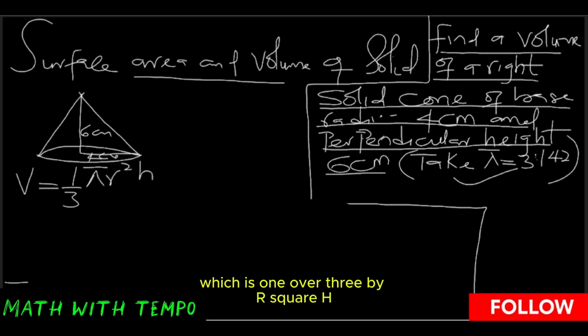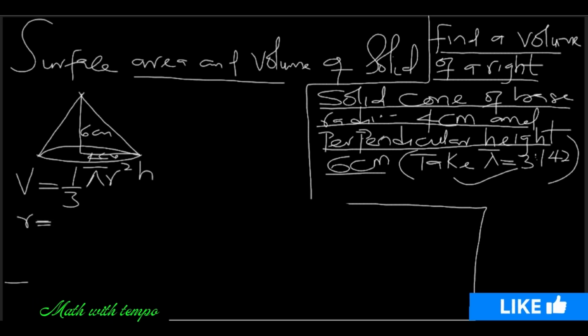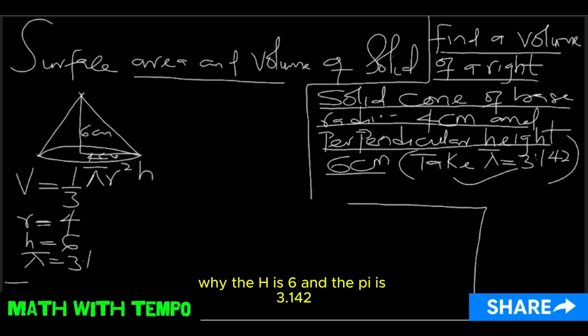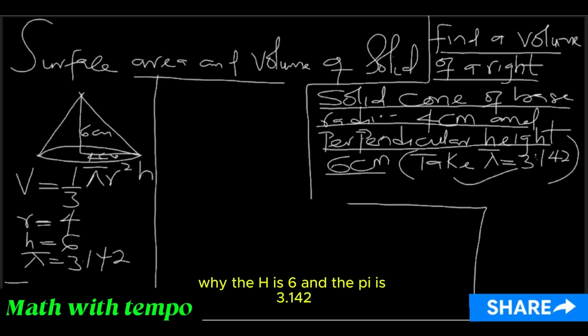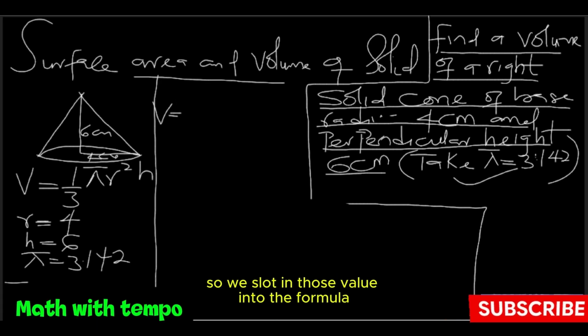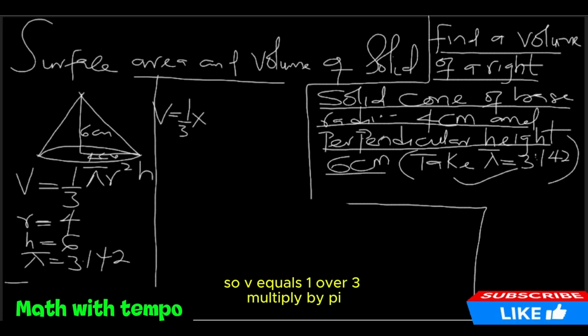And you are asked to find the volume, which is 1/3 pi r squared h. The r is known to be 4, while the h is 6, and pi is 3.142. So we slot in those values into the formula, then we get the expected solution.